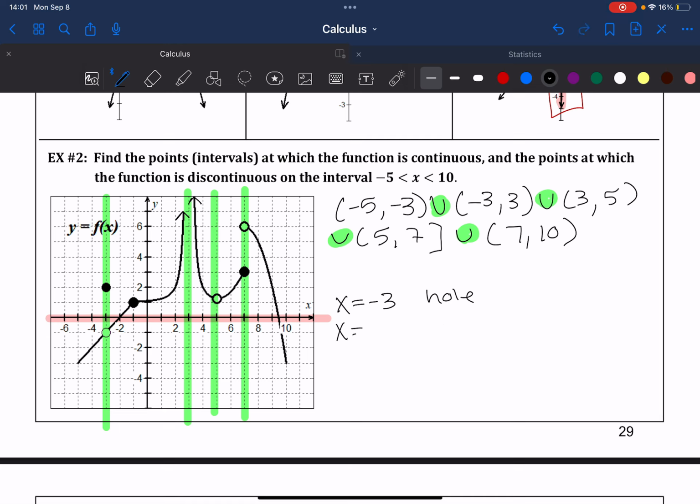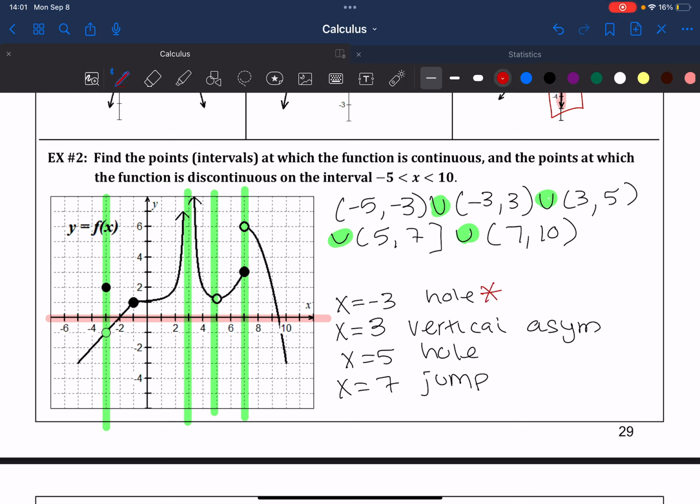At x equals 3, which is a vertical asymptote. 1 at x equals 5, which is a hole. And then 1 at x equals 7, which is a jump. And the only ones that are removable are the holes, so at x equals -3 and x equals 5.